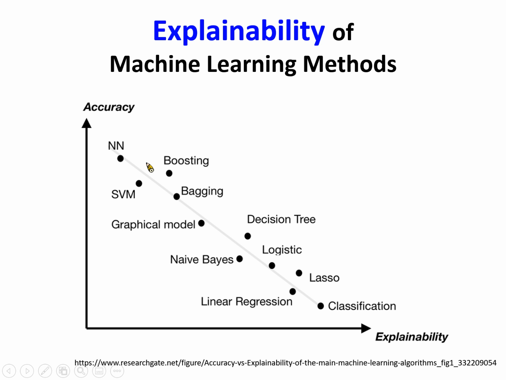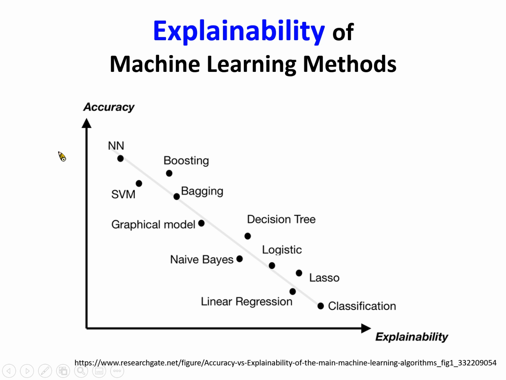It means that when you apply these models, you may get accurate predictions, but you don't know why. Oftentimes we cannot find out which predictors contribute to these predictions.